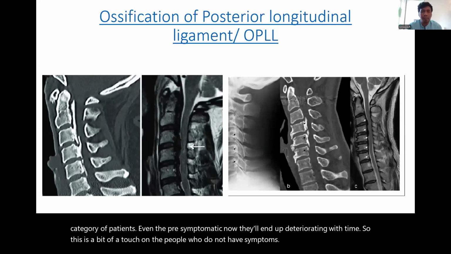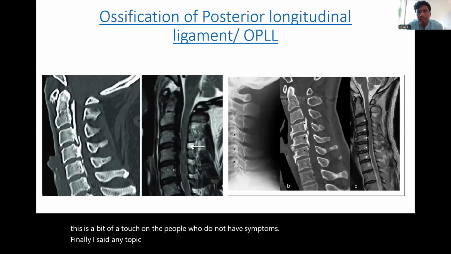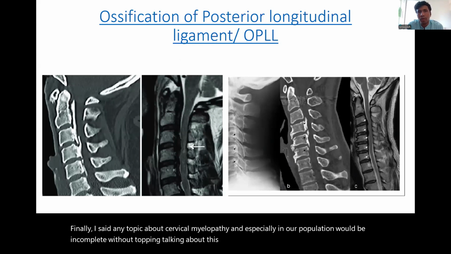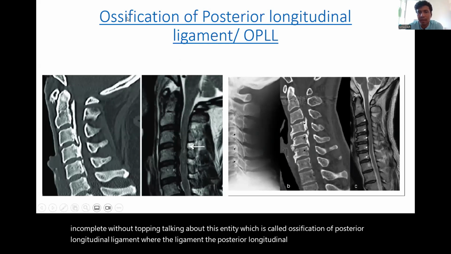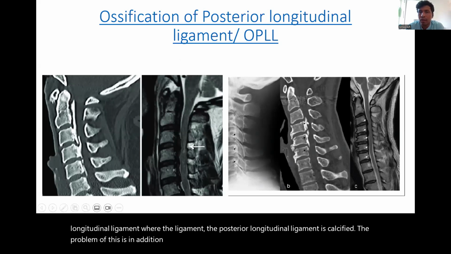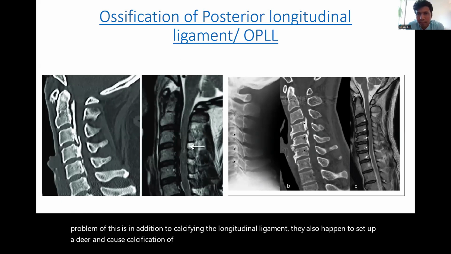Finally, I said any topic about cervical myelopathy, and especially in our population, would be incomplete without talking about this entity, which is called ossification of the posterior longitudinal ligament, where the posterior longitudinal ligament is calcified. The problem with this is, in addition to calcifying the longitudinal ligament, they also happen to adhere and cause calcification of the dura.